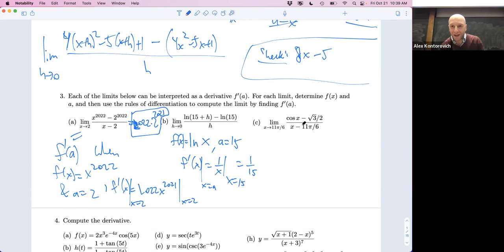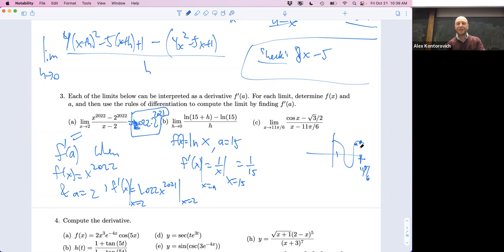Next. Oh God. Oh, that's not so bad. Let's see. Cosine of 11 pi over 6. Cosine looks like this. 11 pi over 6 is almost 12 pi over 6, which would be 2 pi, which is up here at 1. So this is going to be at the same height as 1 pi over 6.